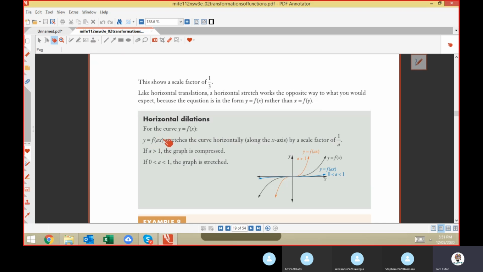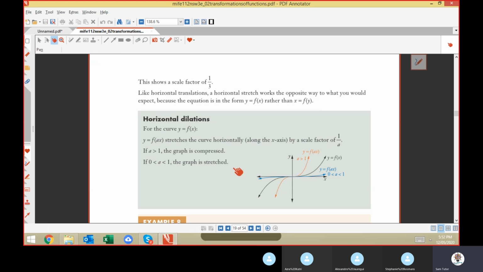Y equals f of ax, so the a is attached to the x, stretches the curve horizontally along the x-axis by a scale factor of 1 on a. That means if a is greater than 1, the graph is compressed, so the opposite of the above, and if a is between 0 and 1, the graph is going to become stretched.